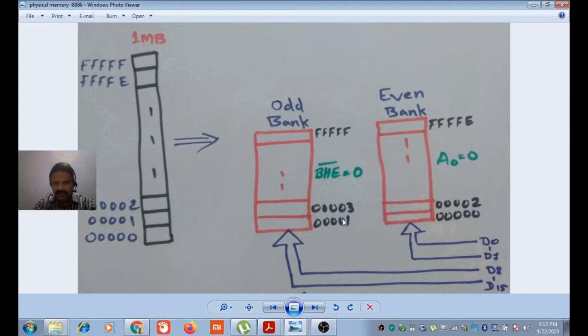If the microprocessor wants to read something from an odd address memory location or IO device, it should make BHE bar equal to 0 and A0 equal to 1. The data from odd address locations or IO devices flow through D8 to D15.